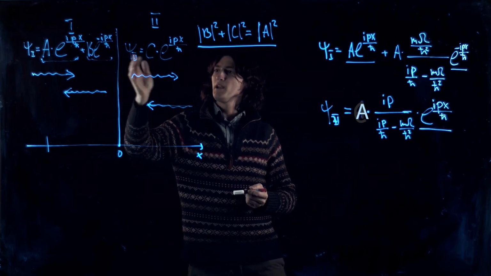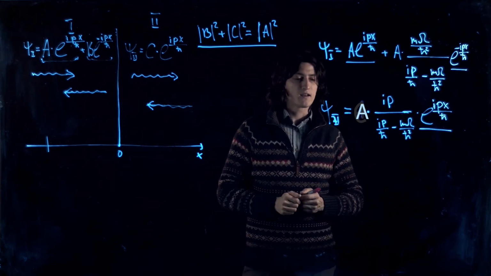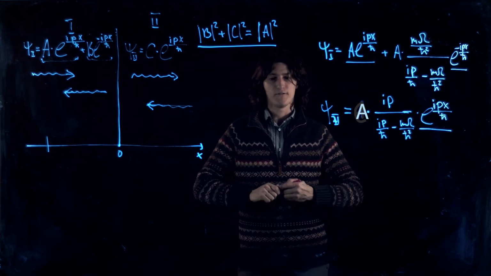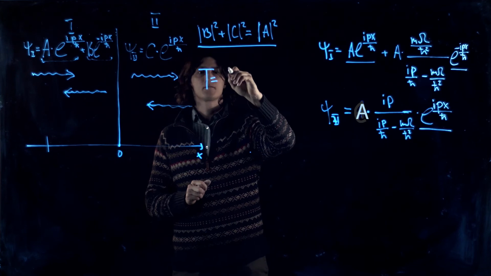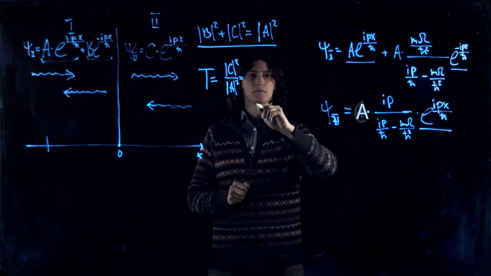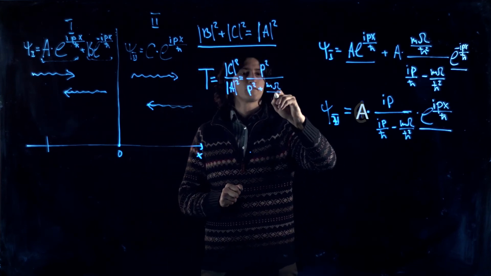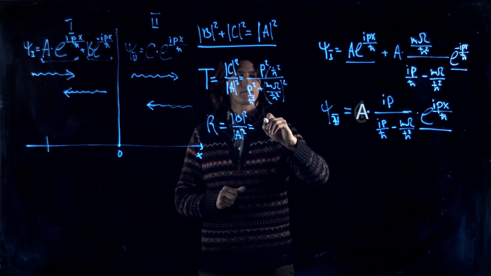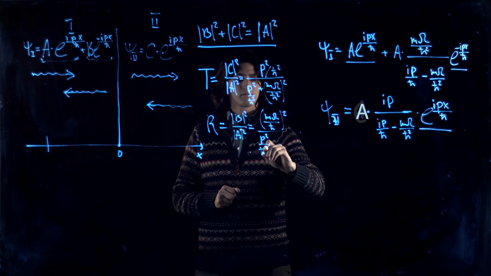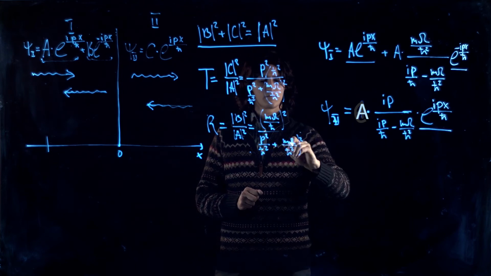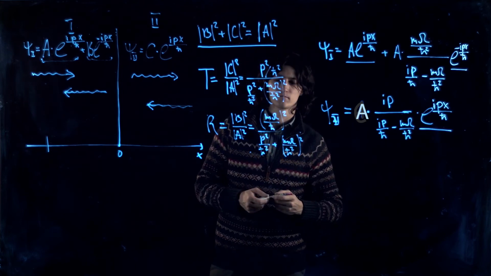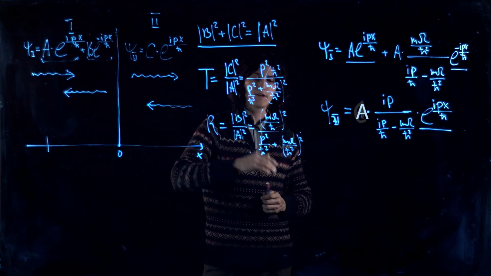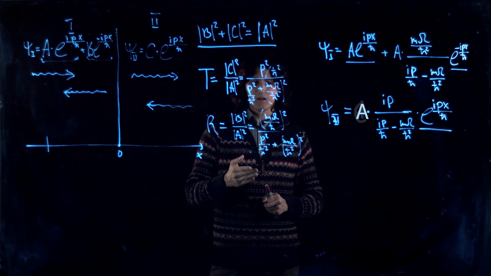Coefficients B and C and A give us the so-called transmission and reflection coefficients. So, those are the transmission and reflection coefficients. Let's analyze them.